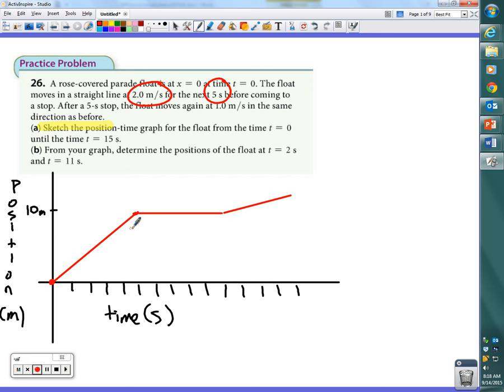So here, that should be 5 seconds, right? And if it goes 2 meters every second, it should end up at 10 meters, right? Yes? So, what does the slope of this line have to be through this section right here?